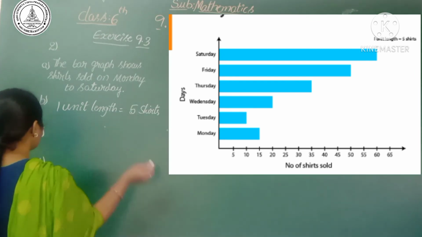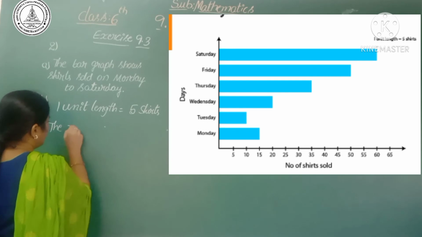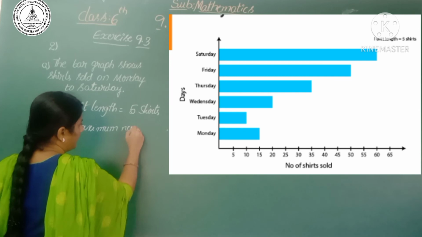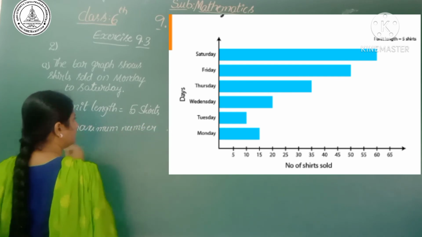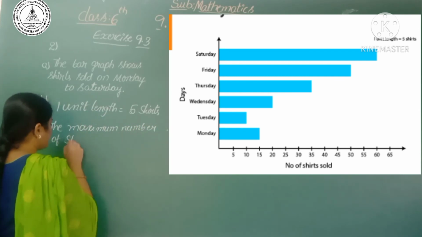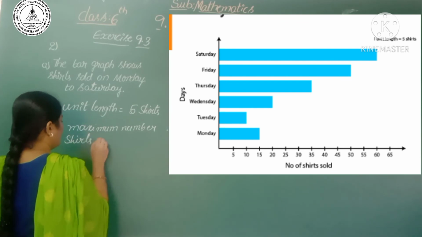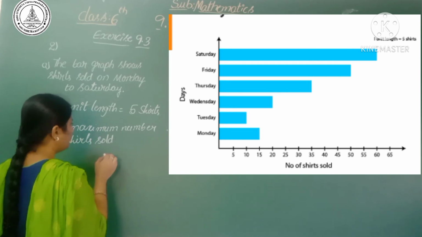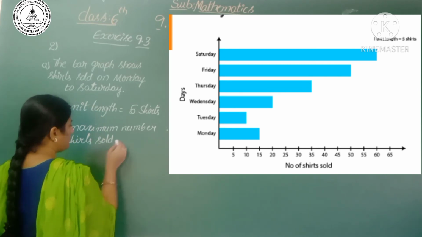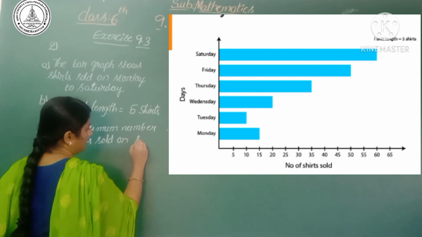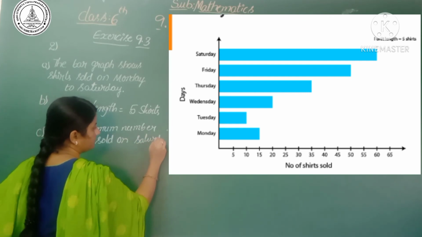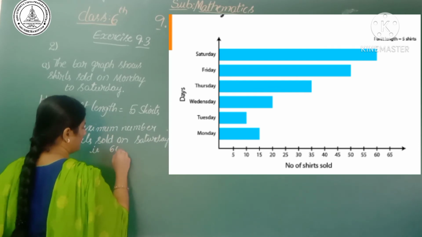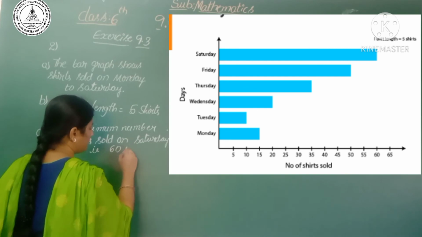The maximum number of shirts sold on Saturday, that is 60 shirts.